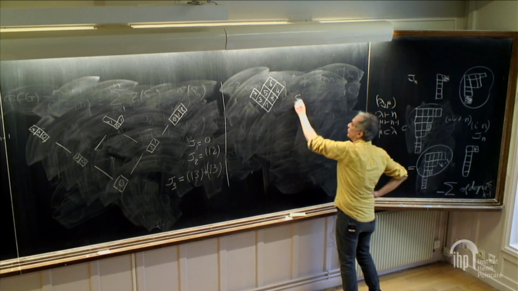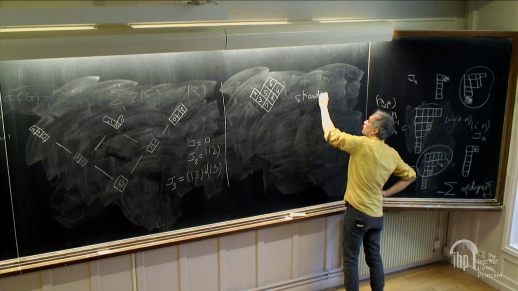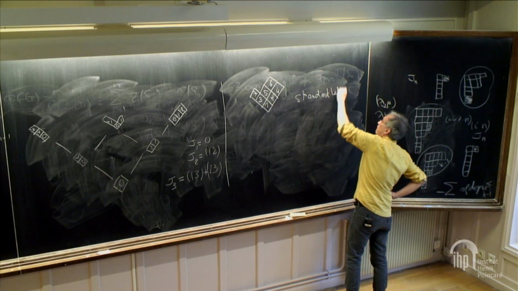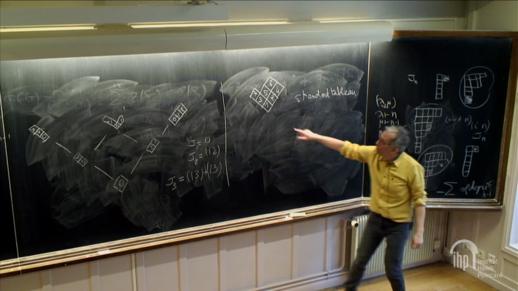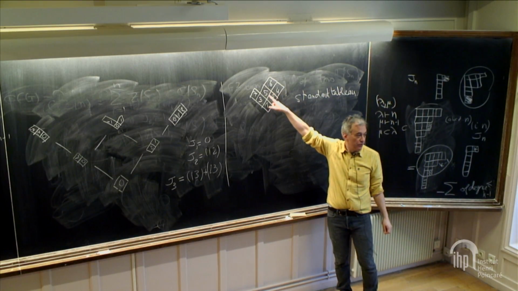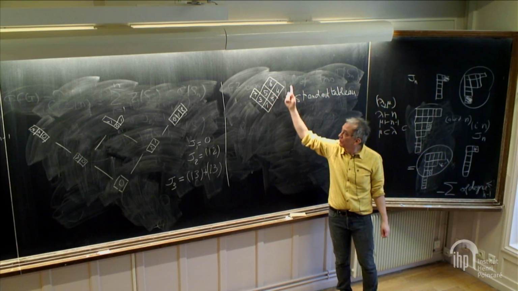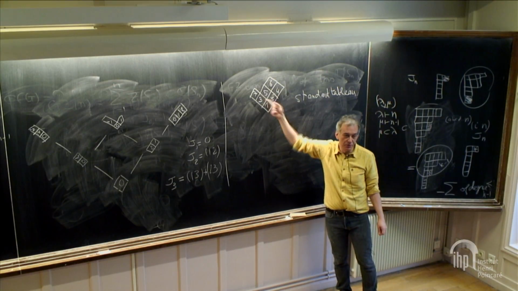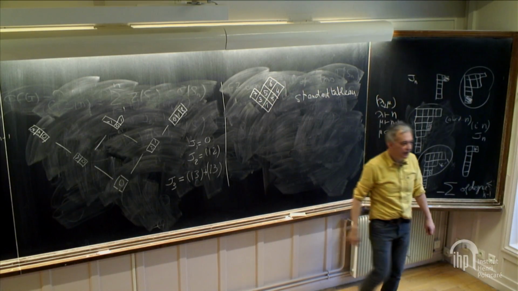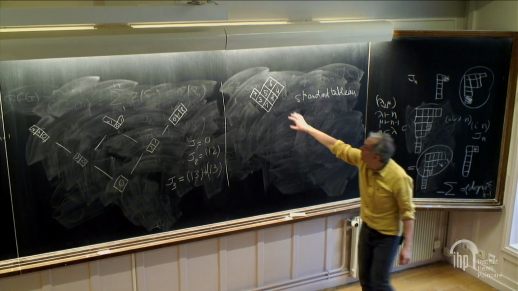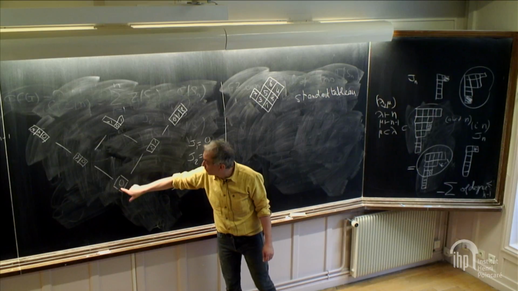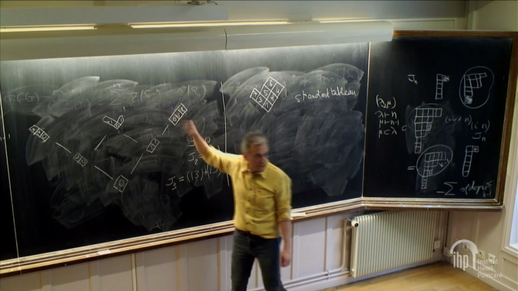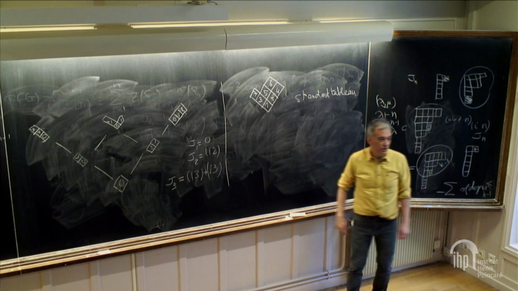It's called a standard tableau. It is obtained by just putting numbers from 1 to n in the boxes so that they are increasing along the diagonals. It is equivalent to give a standard tableau and to give a path in this graph, which goes from the first box to the final partition, which is here.